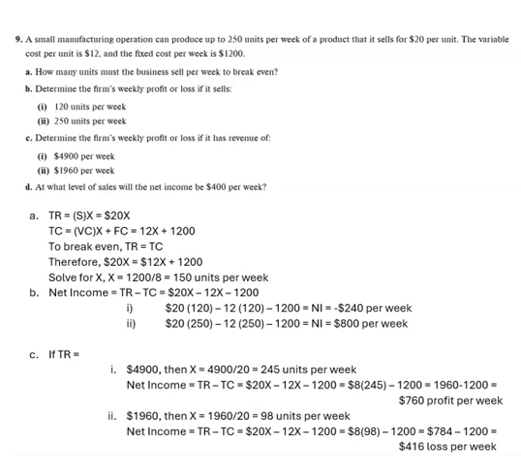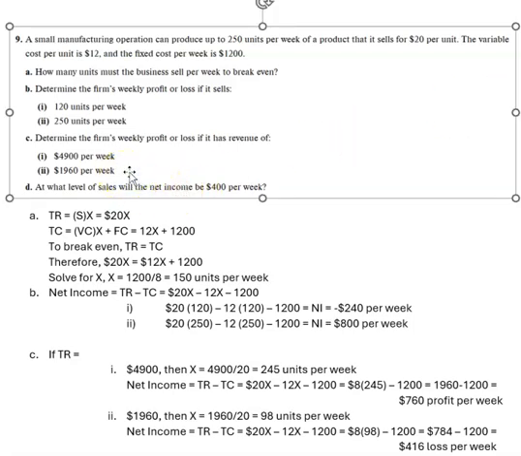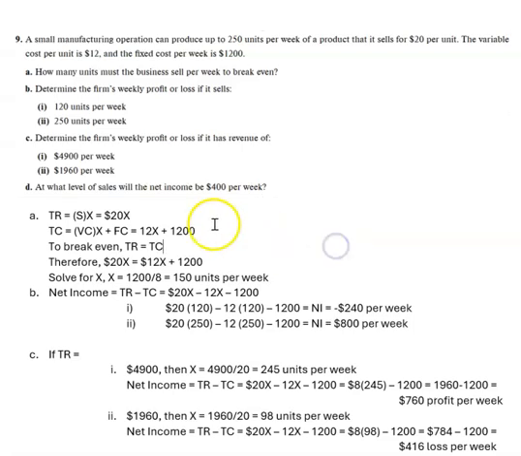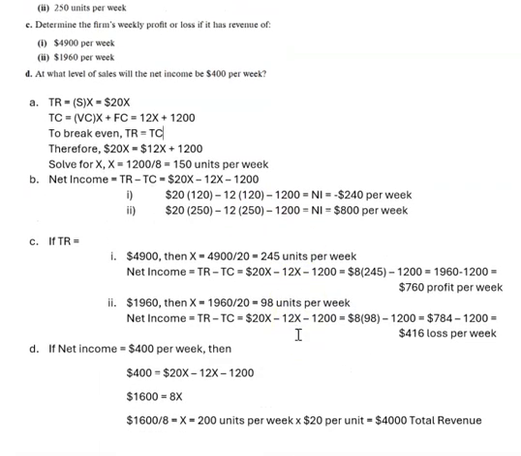Same for the 1960. So 4,900 divided by 20 gives you 245 units per week. If we take the 1960 and divide that by 20, then our second option is 98 units per week.